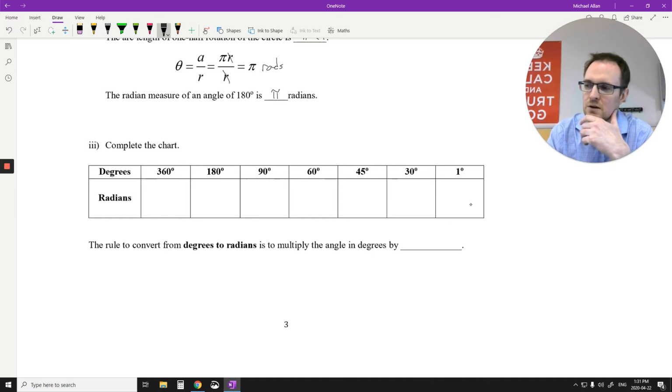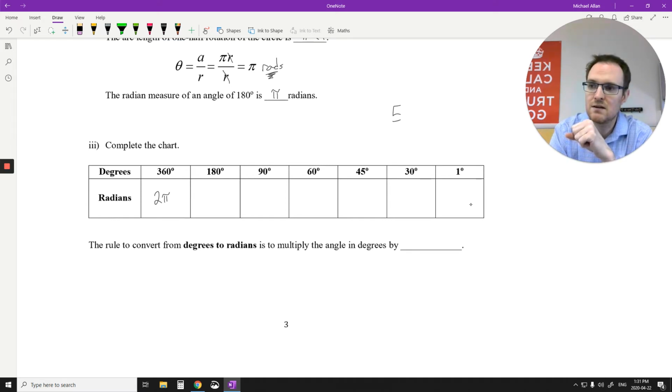Okay, so let's just go through this. We already know these two. So 2 pi radians. Now, if I don't put the word rads afterwards, you assume it to be radians. As soon as I put the degree symbol on it, then I know it's degrees. If I just said my angle is 5, because I didn't put the degrees there, I assume it to be rads automatically.